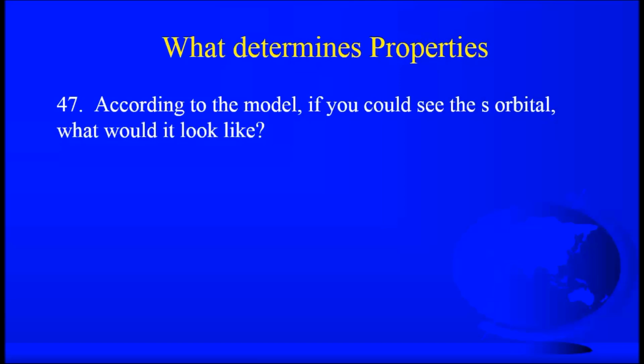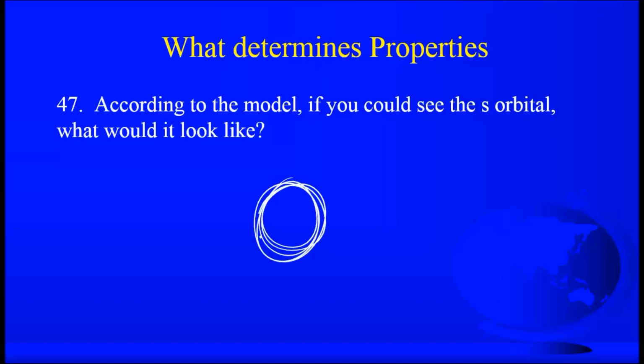Okay. According to the model, if you could see the s orbital, which you can't because we're not actually sure that electrons exist, let alone that they really do live in these types of rooms. But if you could, and we use the model because it works, what would it look like?